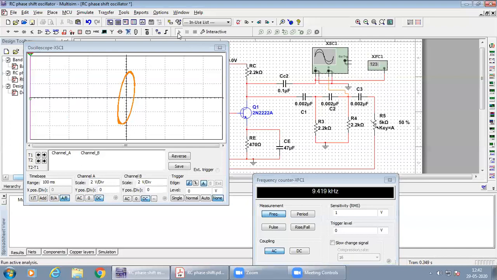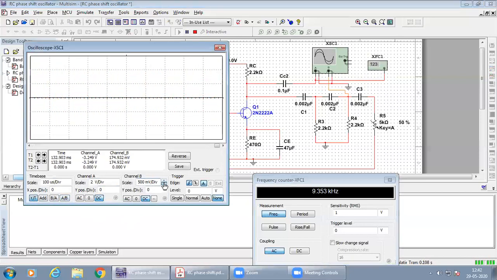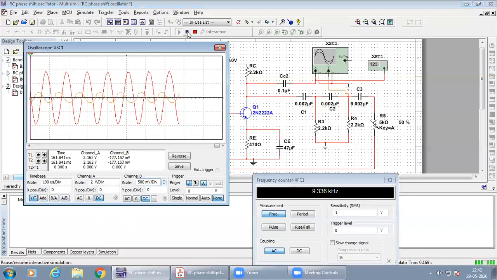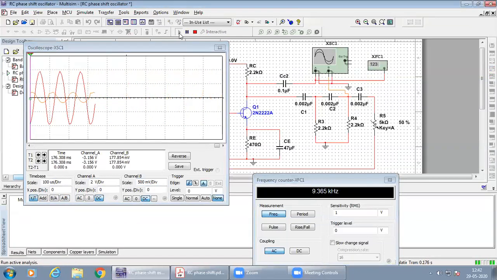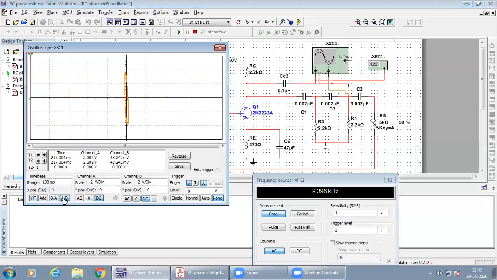Let me run the simulation. Let's observe in the Y by T mode first. You can observe the waveform here. There's a phase shift between my input and my output. Now let me go for the A by B measurement.